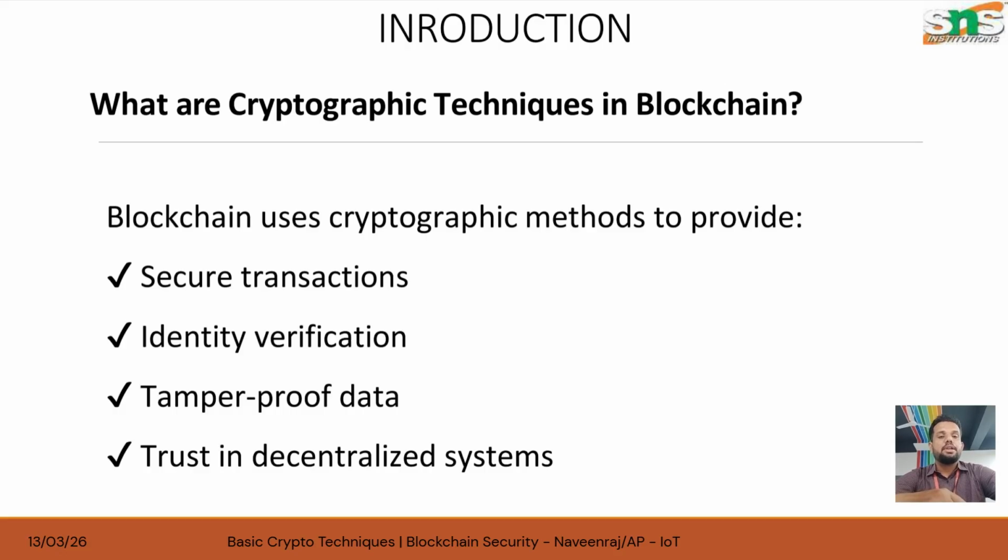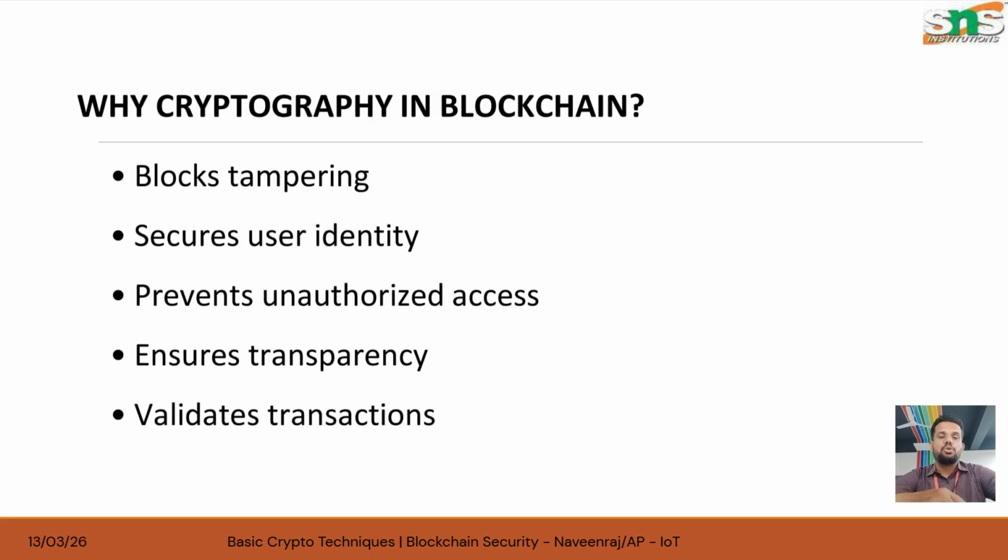Then coming to the detailed cryptographic techniques, such as the hash function. A hash function converts input into a fixed length output. Whatever data is received by the hash function, it converts into a fixed length output.